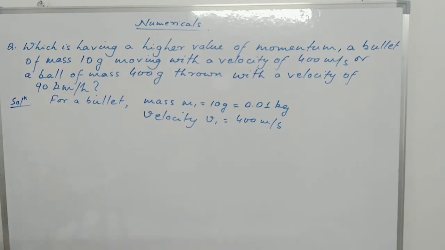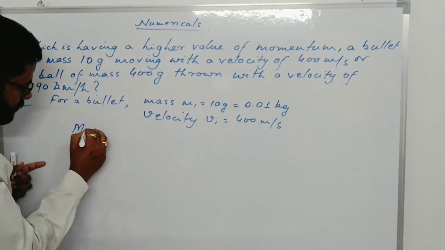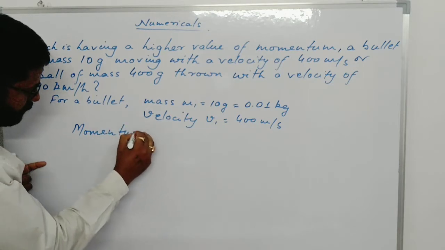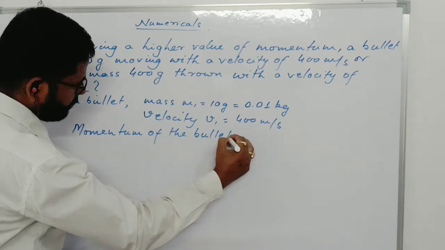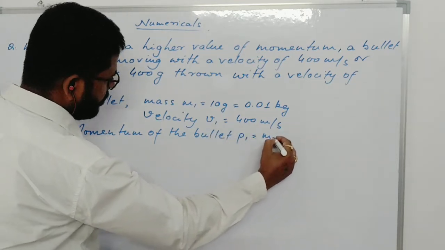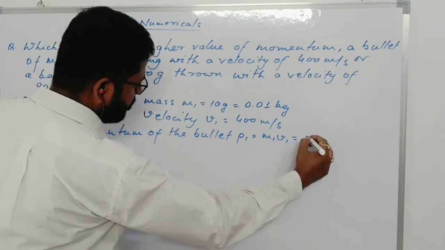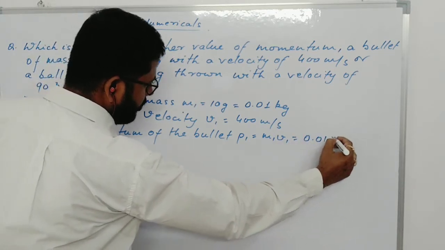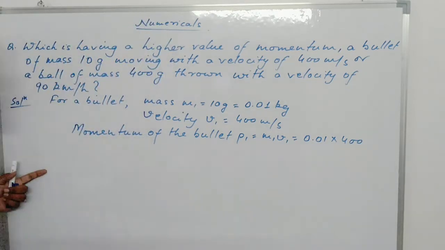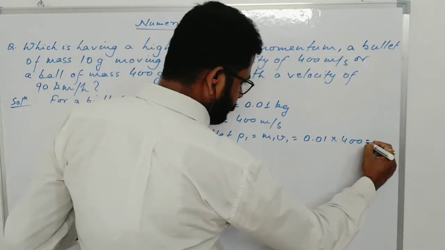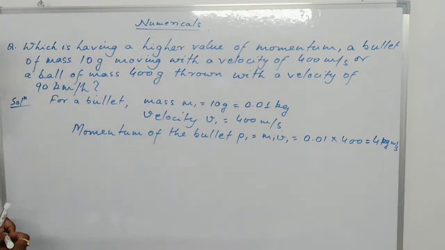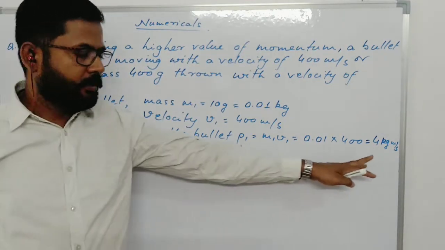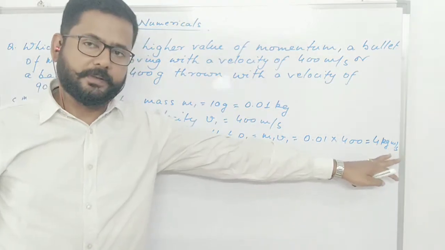Now the momentum of the bullet, suppose p1, is equal to m1 v1, which is 0.01 into 400, and that comes to 4 kg meter per second. So the momentum of the bullet is 4 kg meter per second.